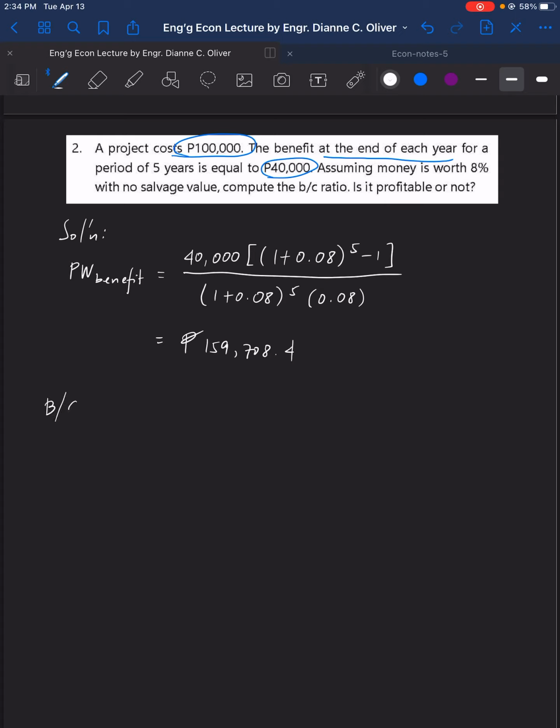Therefore, the benefit cost ratio, BCR, is equal to the present worth of the benefit, 159,708.4 pesos, divided by the cost of 100,000 pesos. So that is equal to 1.6. That's the benefit cost ratio. It is greater than 1, therefore it is profitable.